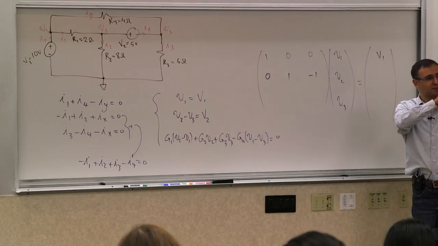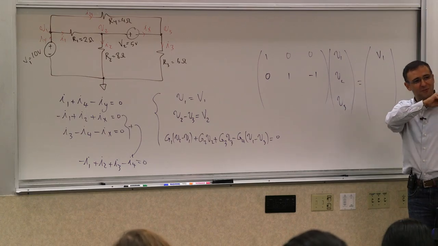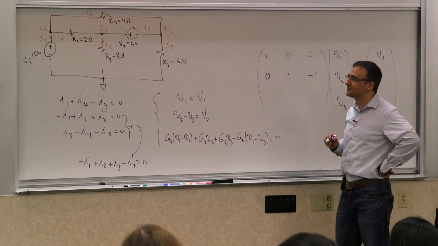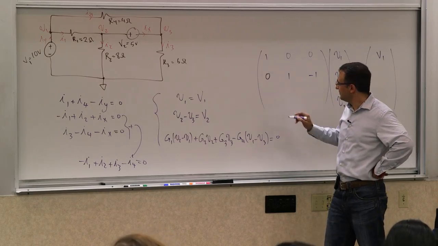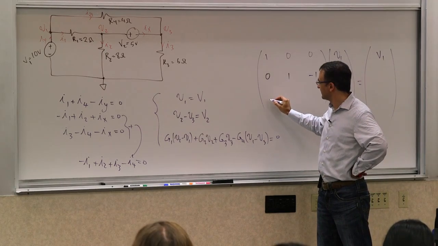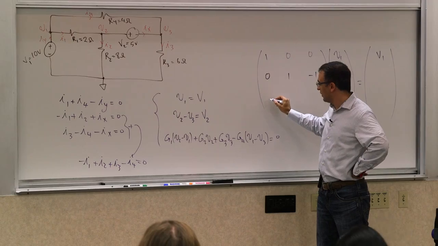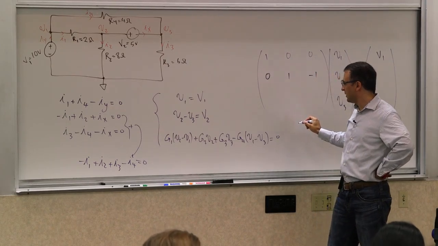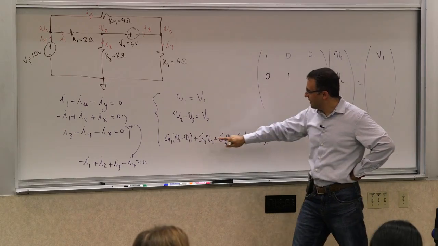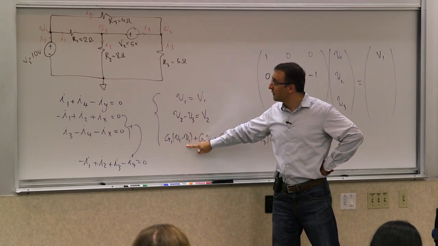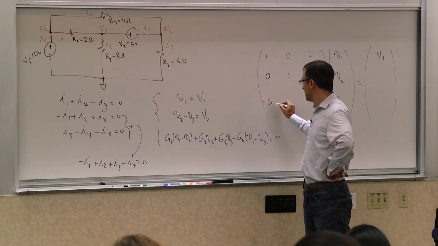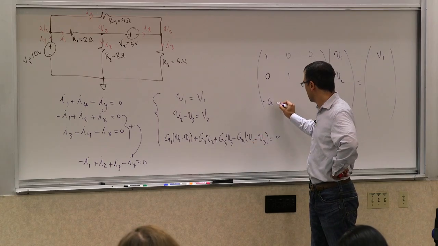Since you answered quite a few questions, I'll go to the next person for the last one. All right, so how about the last line? Negative G1 minus G4. I have a negative G1 here, right? So it becomes a negative G1, and what else has a V1?